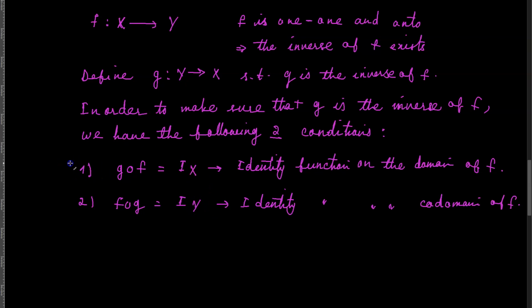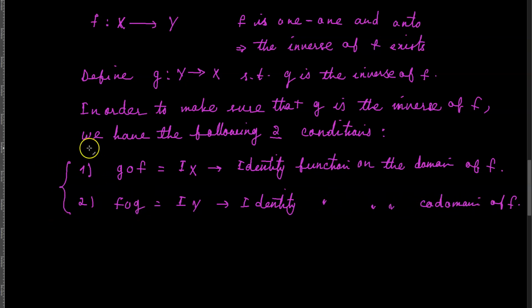And if these two conditions are fulfilled, meaning that if you take the inverse of f and compose it with f, it is supposed to be the identity function on the domain of f. And if you take f and compose it with the inverse of itself, it's supposed to be I of y, the identity function on the codomain of f.